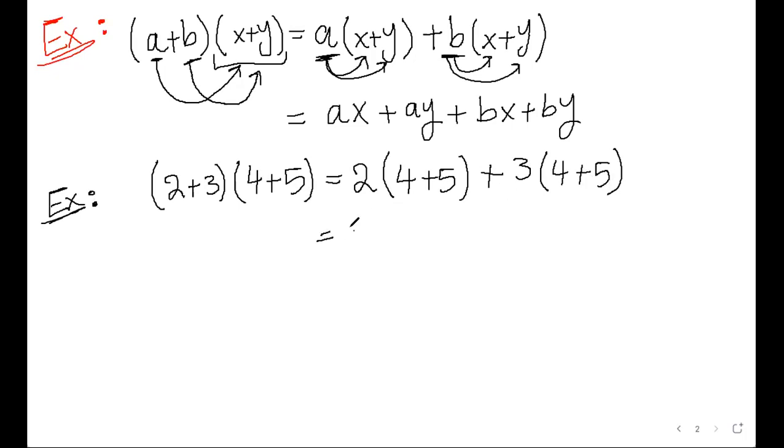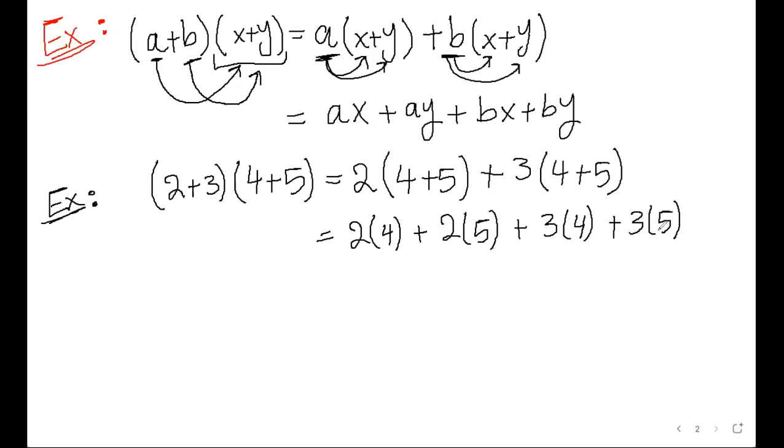And again, 2 times 4 plus 2 times 5 plus 3 times 4 plus 3 times 5.